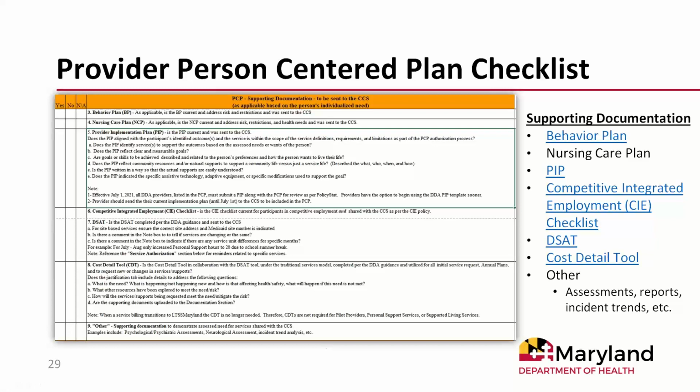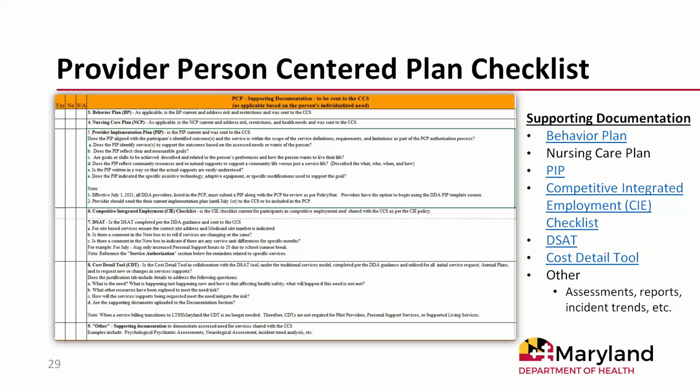The next section of the PCP checklist includes various documentation for you to review and to indicate whether or not it's applicable or not, and if it was included or shared with the CCS. So based on the person, there are various documentations that can be uploaded and included and support that PCP planning process and the authorization.